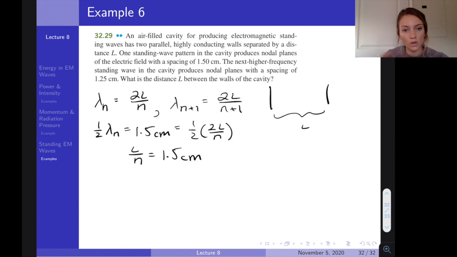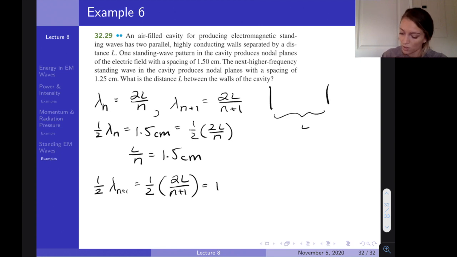So now, since we know that the half wavelengths are 1.25, we can just say that 1/2 of lambda N plus 1 is equal to 1/2 of 2L over N plus 1, right? Because this is the wavelengths that are allowed, and we know that every half wavelength now is equal to 1.25 centimeters.